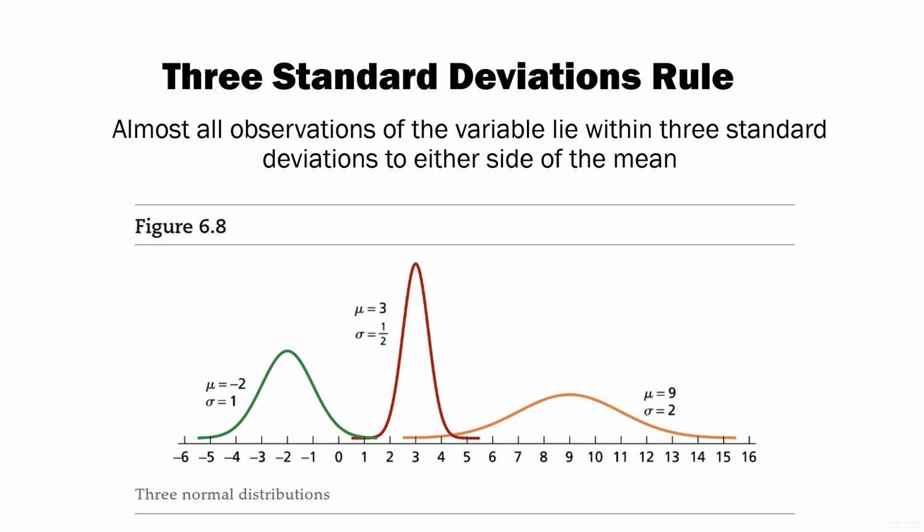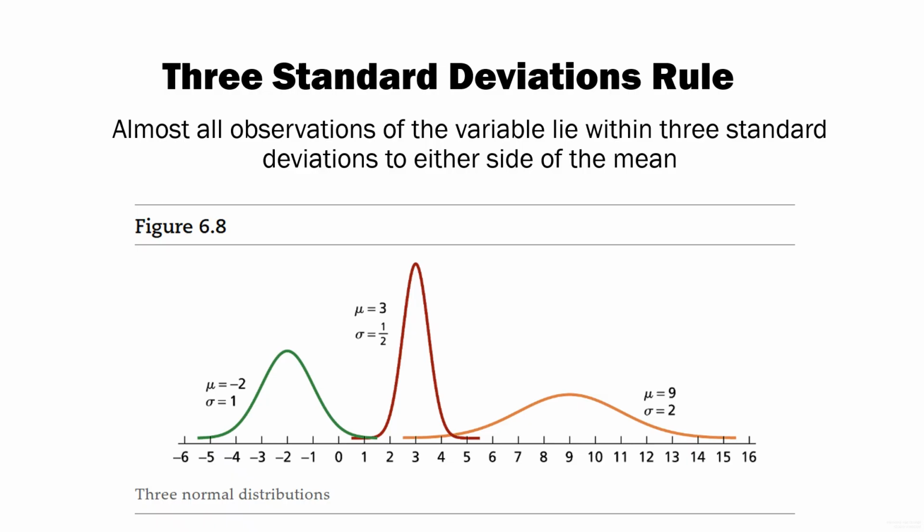Each normal curve is centered on the mean, and it will spread as far as its standard deviation. But this is almost universally true: the normal distribution will fall within three standard deviations of the mean on either side, negative and positive, and it won't go any further than that.